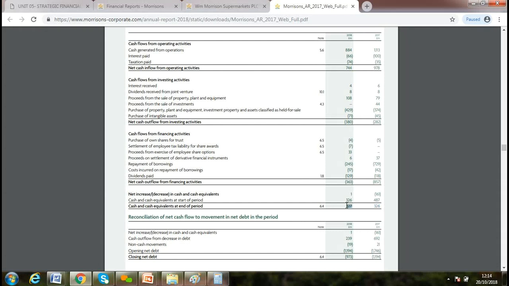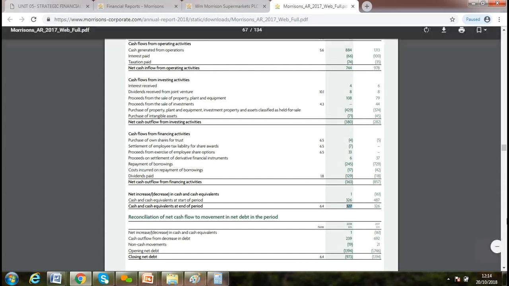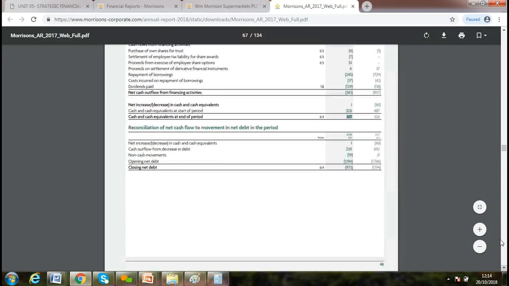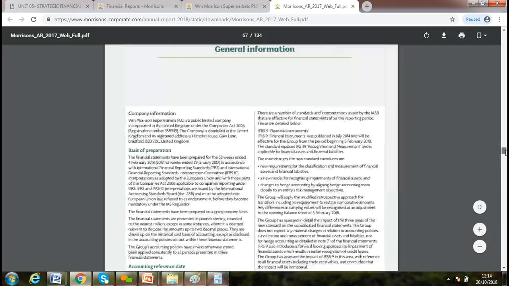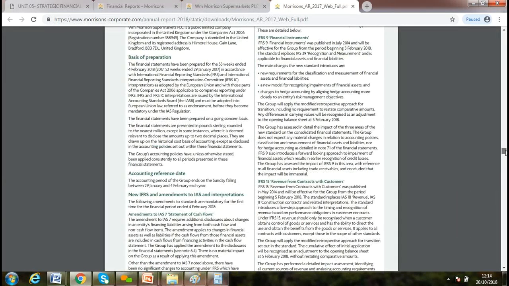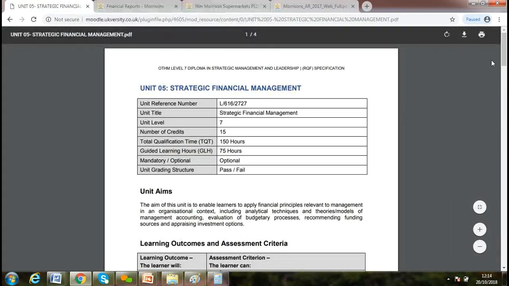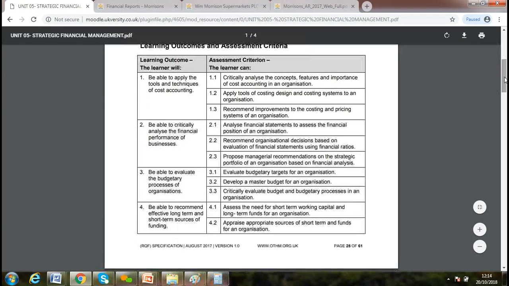This year they have 327 million. So the cash went up by only 1 million, which means they still have cash. So that's all about the figures. So cash flow statement, balance sheet, and profit and loss, you can discuss all in your assignment.